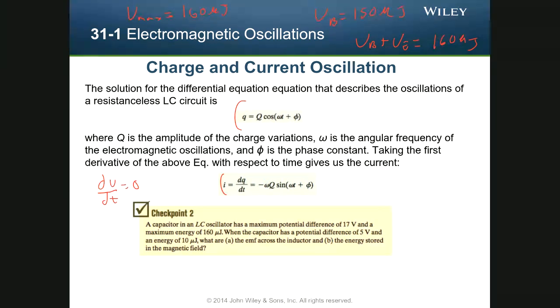If there's a 5-volt potential difference across the capacitor, and there's a 17-volt maximum difference across any given element, we know from Kirchhoff's laws that the potential difference around a closed loop has to equal 0.